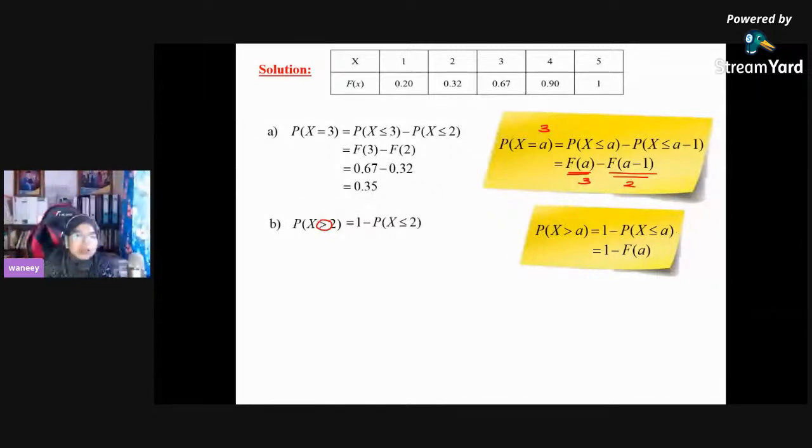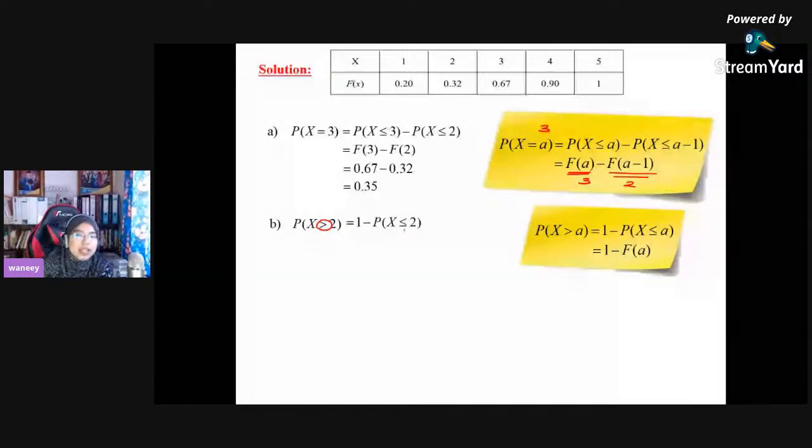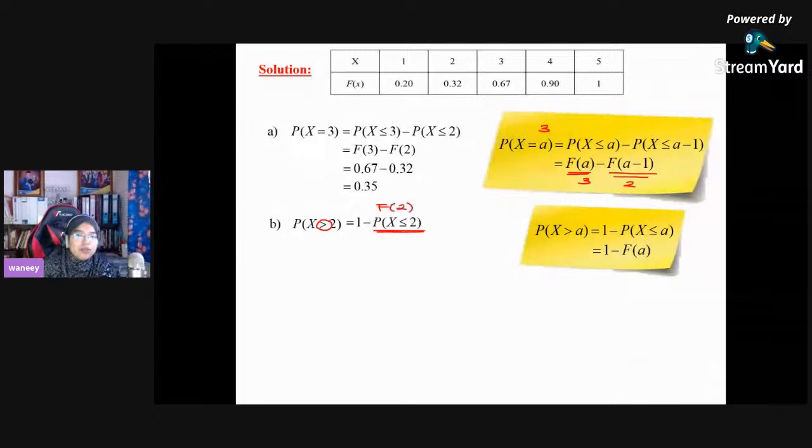So x greater than 2 is simply 1 minus probability of x less than or equal to 2. Now we can use the cumulative because this is simply F2. F2, the value is 0.32. So 1 minus 0.32 is 0.68. So that is for B.